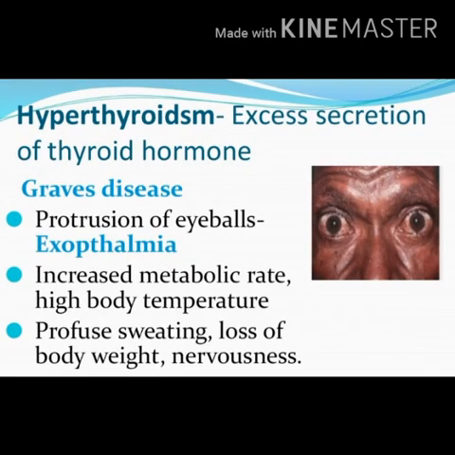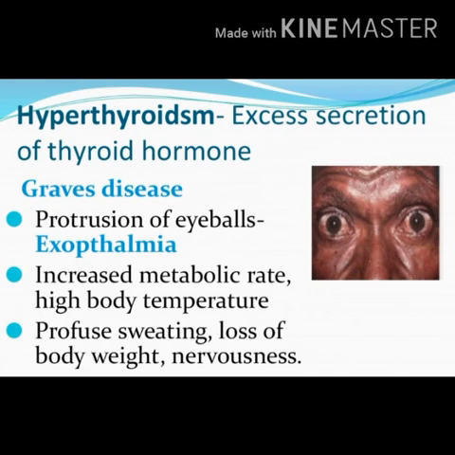Up to now we saw about hypothyroidism and its abnormal conditions. Next is hyperthyroidism. Hyperthyroidism is the excess secretion of thyroid hormone. If there is excess secretion of thyroid hormone, it is called Graves' disease, which involves protrusion of the eyeballs, called exophthalmia.